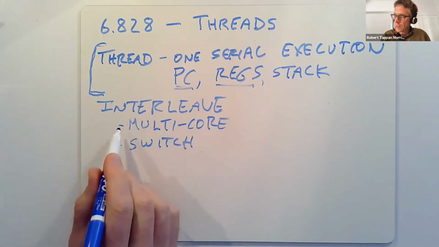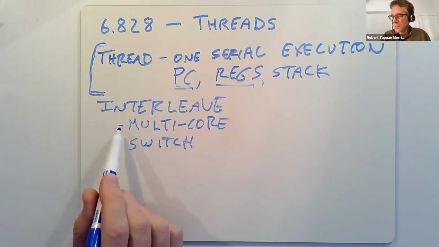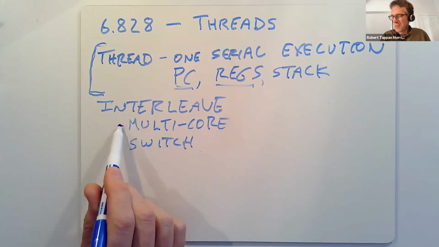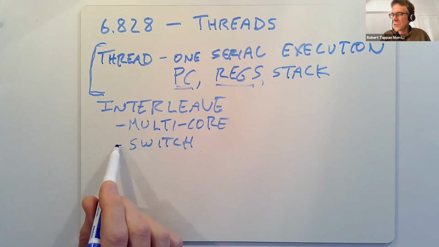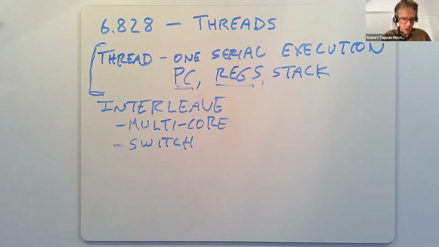And indeed, XV6, like most operating systems, combines these. XV6 will run threads on all the cores that are available, and each core will switch among threads, because there's typically, although not always, many more threads than there are CPUs.